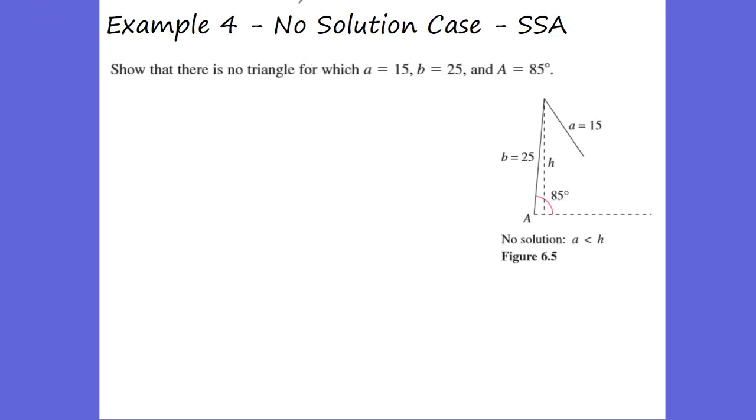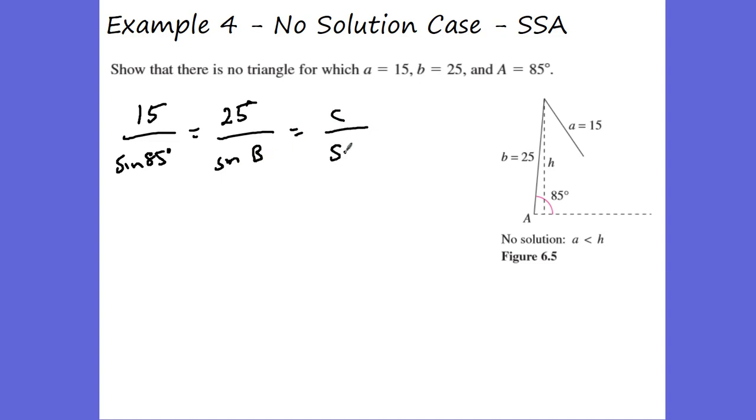Now let's say we have another angle side side, and we want to figure out what's going on. So we have side A is 15, angle A is 85 degrees, side B is 25, over sine of angle B, over sine of C. Now remember, I see angle side side.